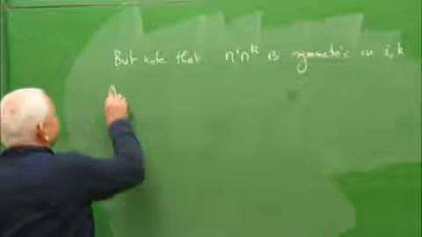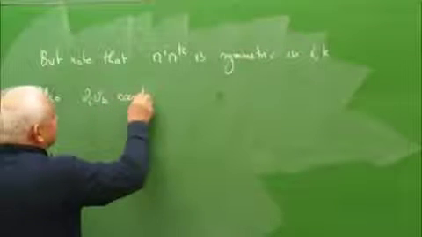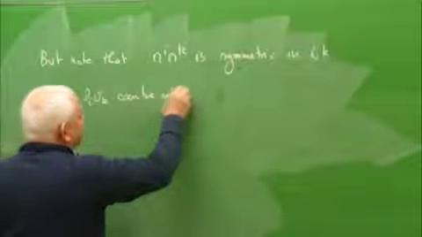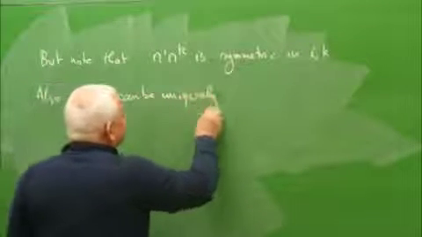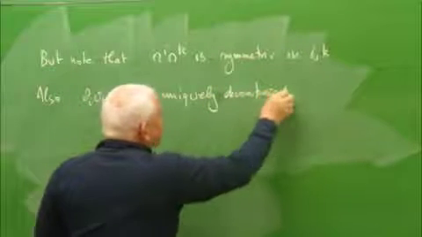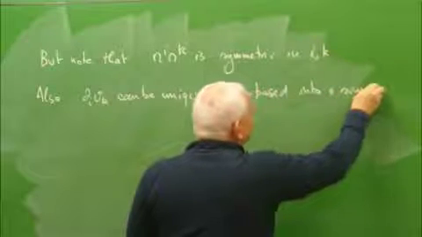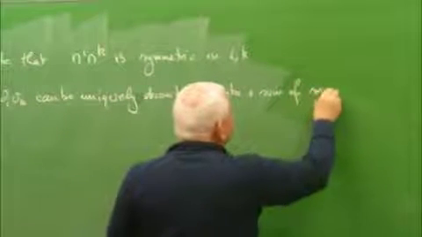But also, d_i v_k can be uniquely decomposed into a sum of symmetric and antisymmetric tensors.